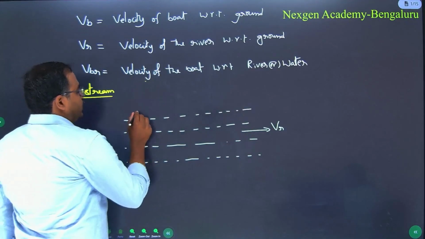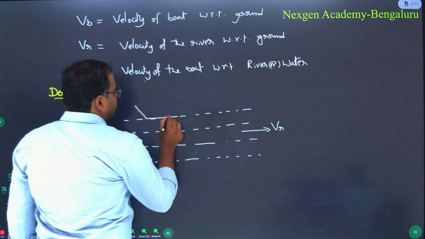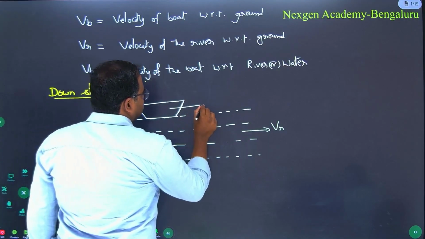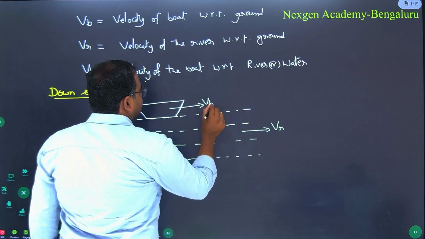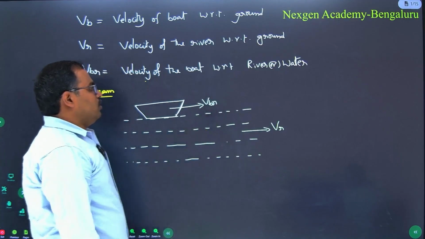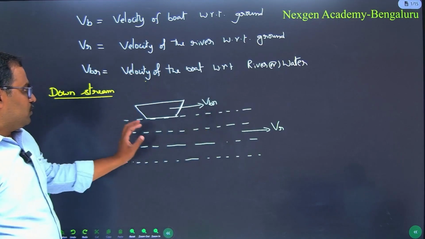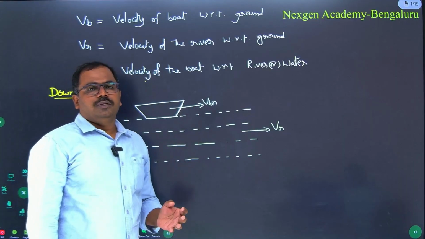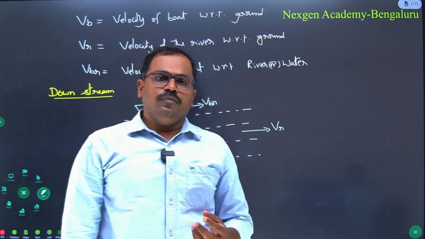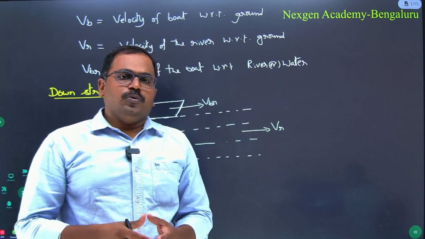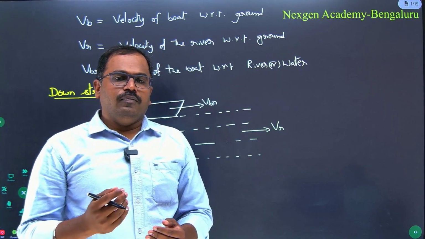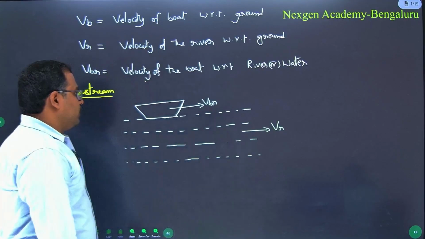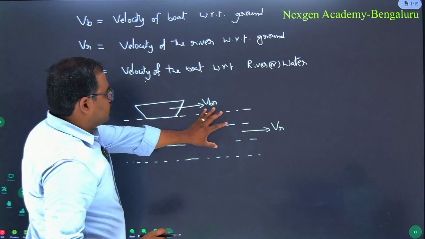Next, if you take a boat which is moving downstream, downstream means the velocity of the boat and the velocity of the river are both in the same direction. Now we are assuming this boat with respect to water is VBR. Sometimes they'll confuse you with the terminology, with respect to still water. A boat can travel with respect to still water or with respect to water, both are the same. Okay then. Now here, these are the terms given.